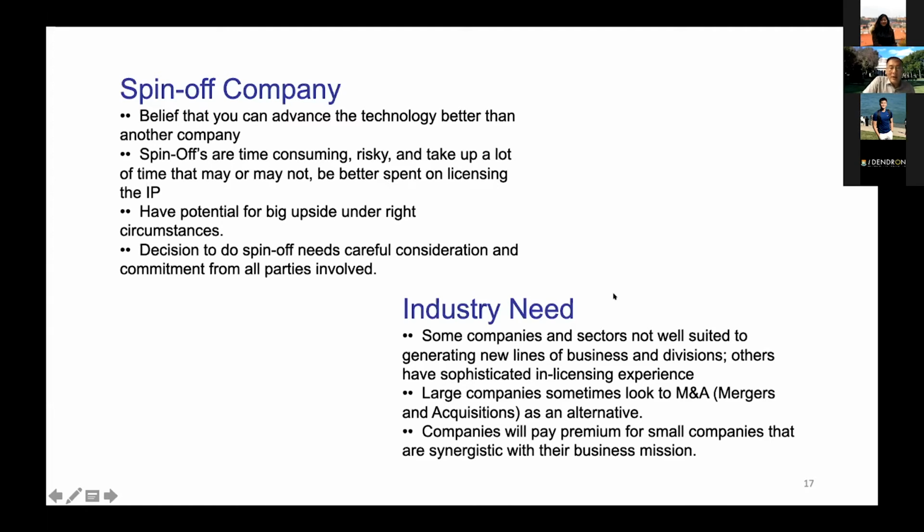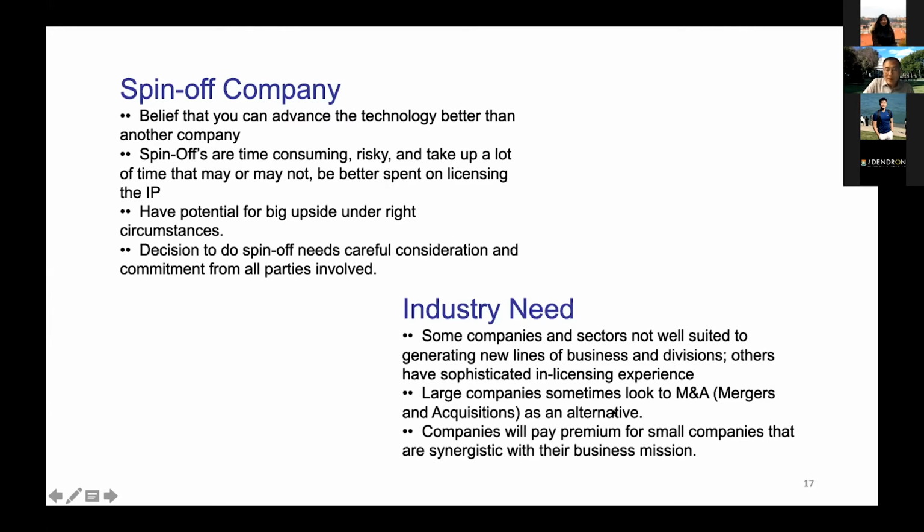For big companies licensing IP, they need to know some companies are in sectors not well suited to generating new lines of business or divisions. Others have sophisticated in-license experience. So this has to be well understood.